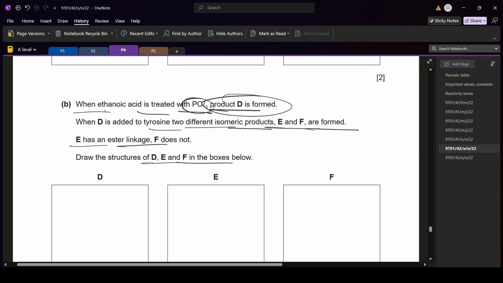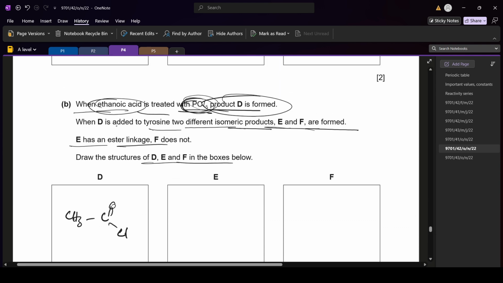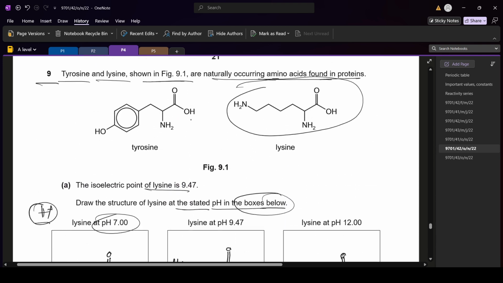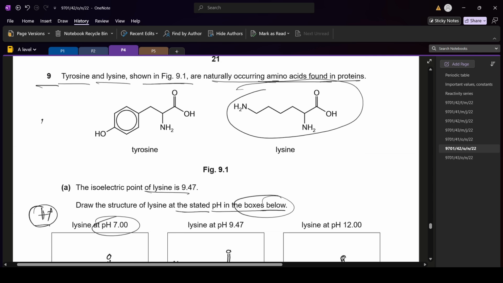So when this ethanoic acid is reacted with PCl5, D is formed, so it must be ethanoyl chloride. So the structure of ethanoyl chloride is CH3COCl. Okay, so this is the structure of ethanoyl chloride, and when this D is reacted with tyrosine, this is your tyrosine, this Cl group, this ethanoyl chloride will react with this OH group and NH group.